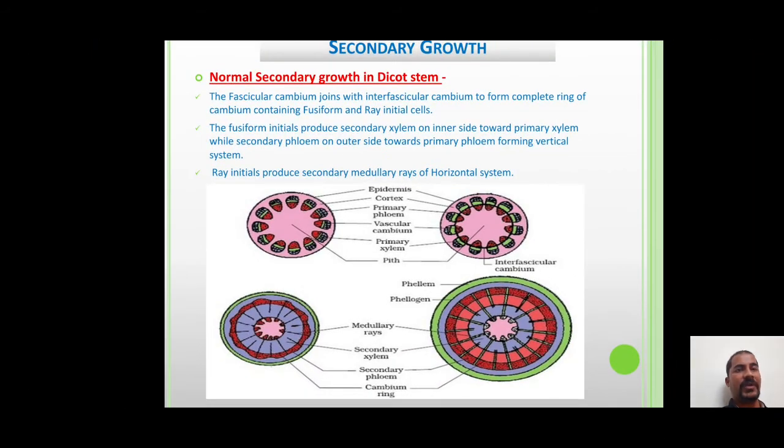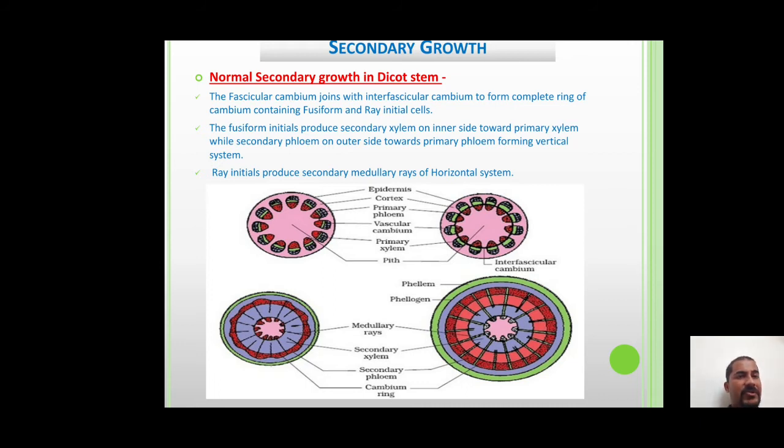The fusiform initials produce the secondary xylem on the inner side towards the primary xylem, while the secondary phloem on the outer side towards the primary phloem, forming the vertical system. That means, in simple words, the fusiform initials produce the vertical system of the dicot stem, and it consists of secondary xylem and secondary phloem.